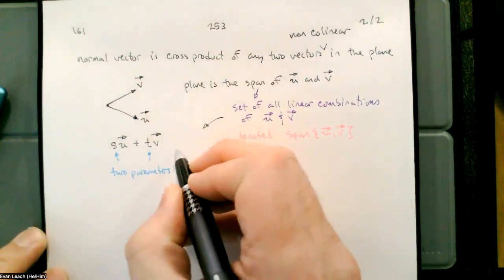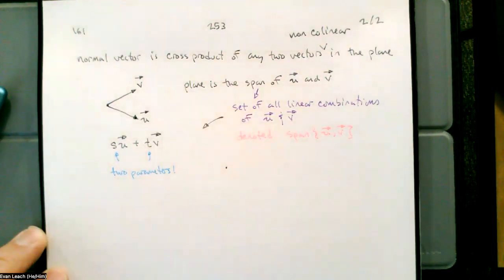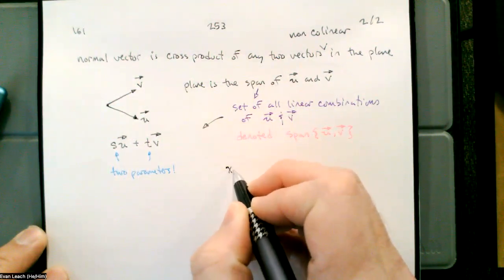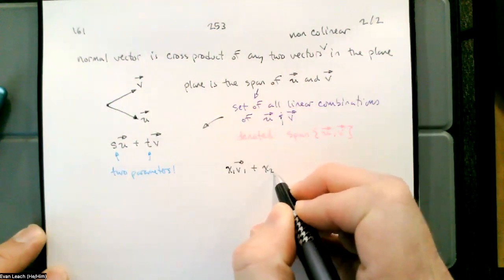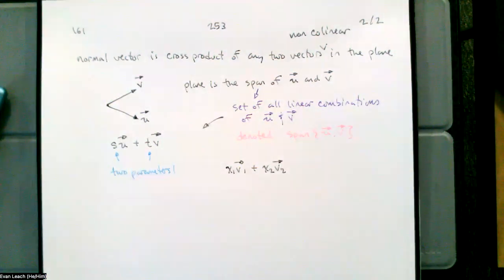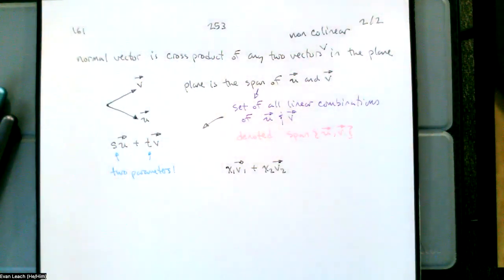We might also see, when we only have two, it makes sense to just give different letter names to things. u and v, s and t, two different names for our parameters.